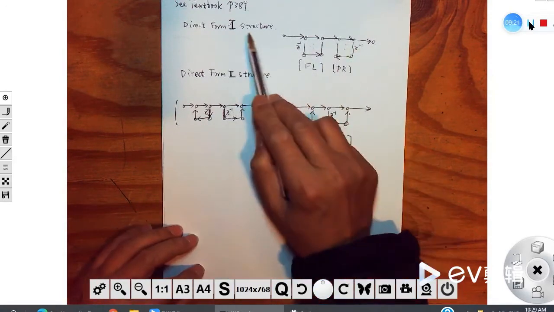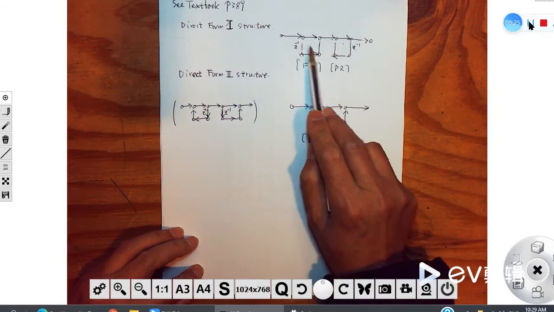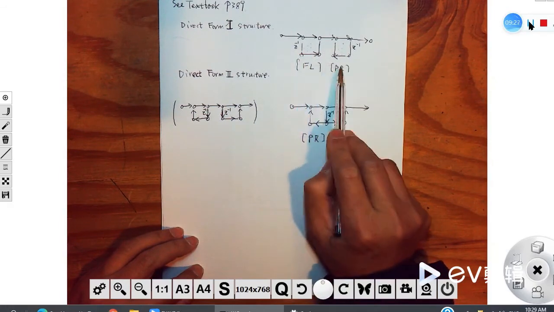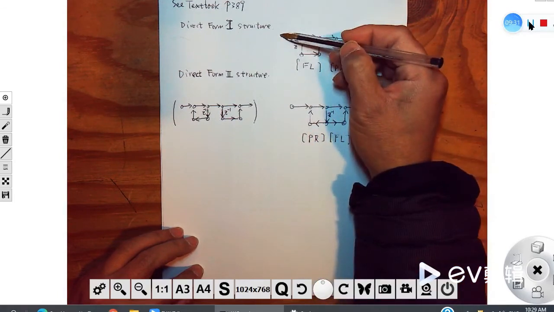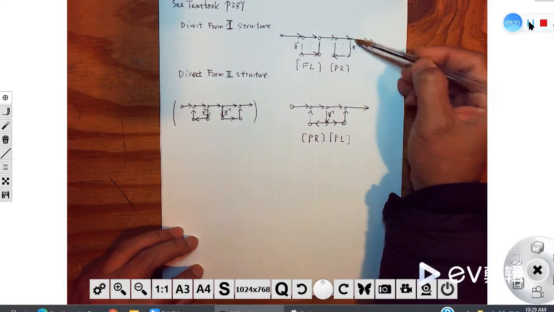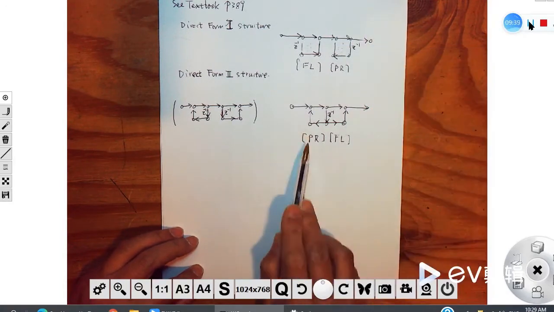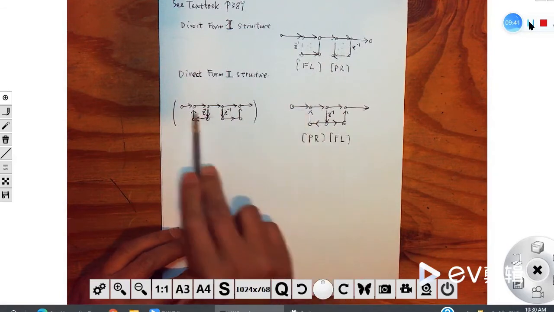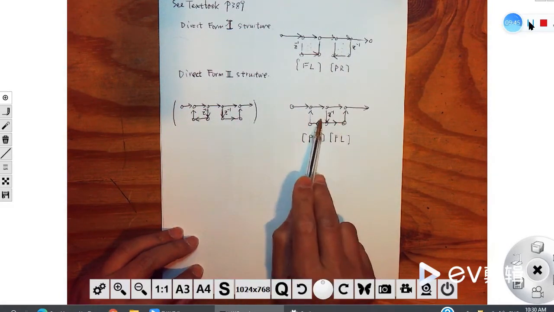In direct form 1, we perform forward first, then the opposed part. The signal starts from the input side, goes to the forward part, then to the backward part, then to the output. And this one, we go to the backward part first, and then the forward part. Here we have a merge in the middle.